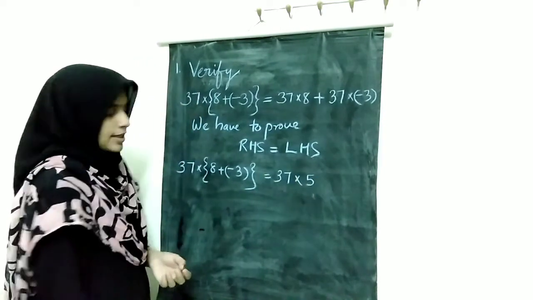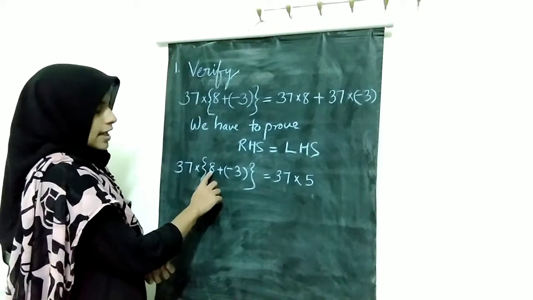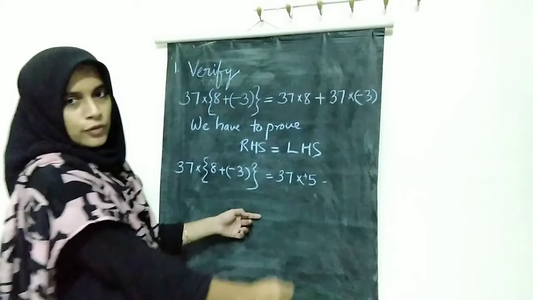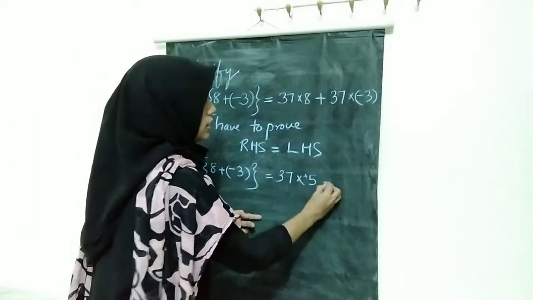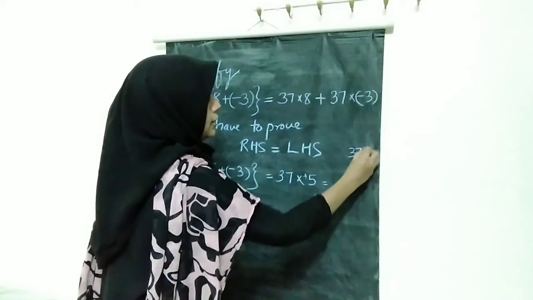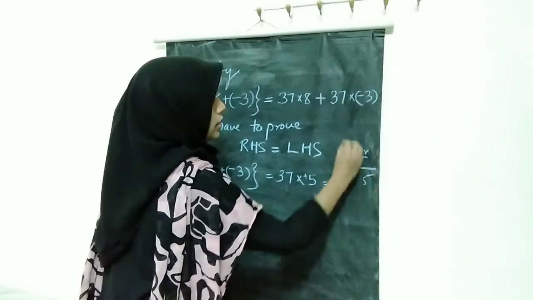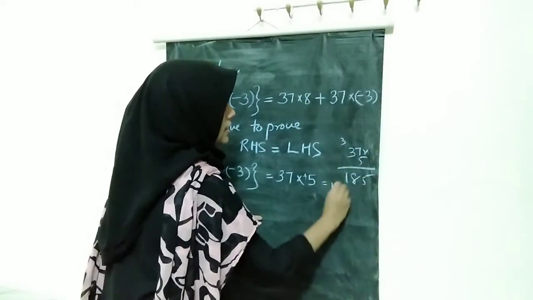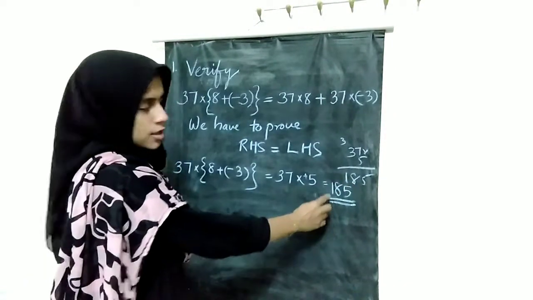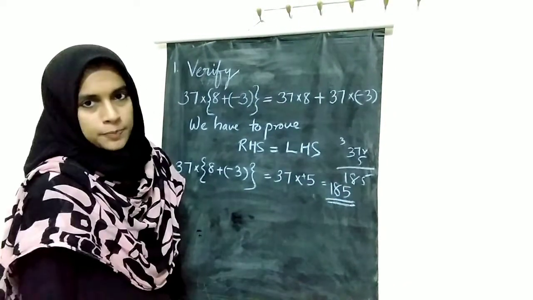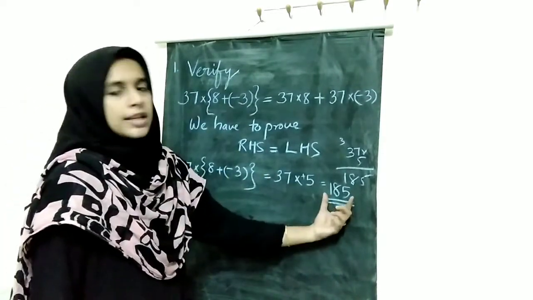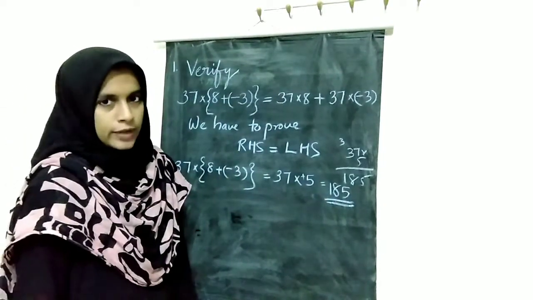Put sign of biggest. Biggest number is 8. Sign is positive. 37 into 5. So 37 into 5, multiply and find. 35, 15 plus 3, 18. So the answer is 185. So we found the right side of the question as 185.